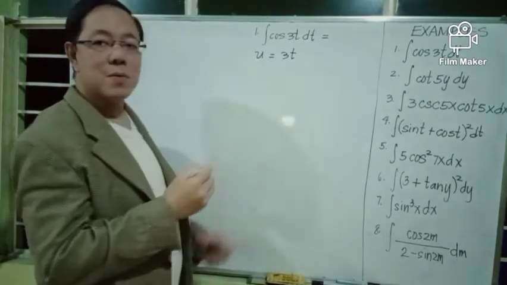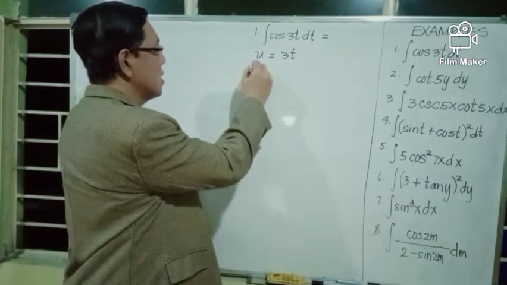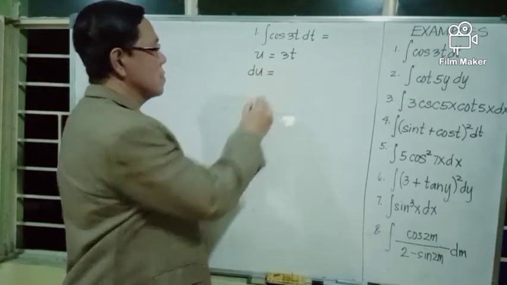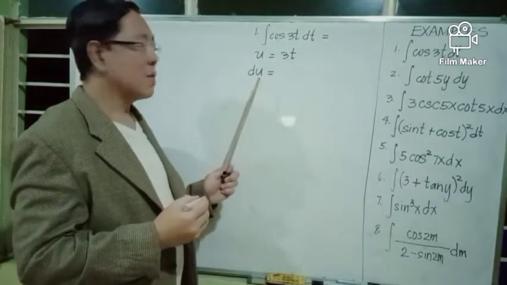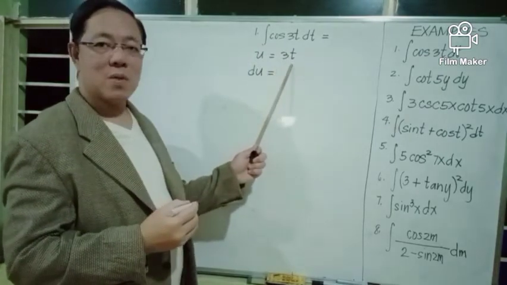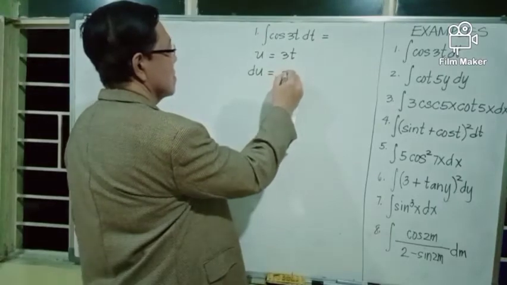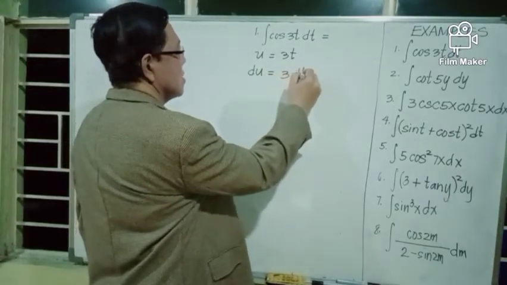The derivative of u is 1 multiplied by du. The derivative of 3t with respect to t is 3 multiplied by dt.